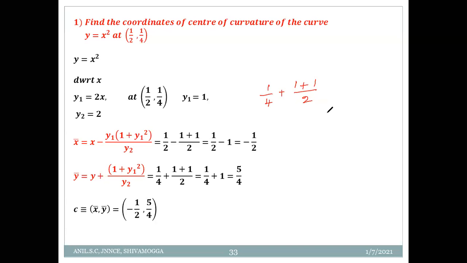Y2 is 2. Therefore, this is equal to 1 by 4 plus 1 plus 1 is 2, 2 by 2 is 1, 1 by 4 plus 1 is 5 by 4. Therefore, the center of curvature x bar comma y bar is x bar is minus 1 by 2 comma y bar is 5 by 4.